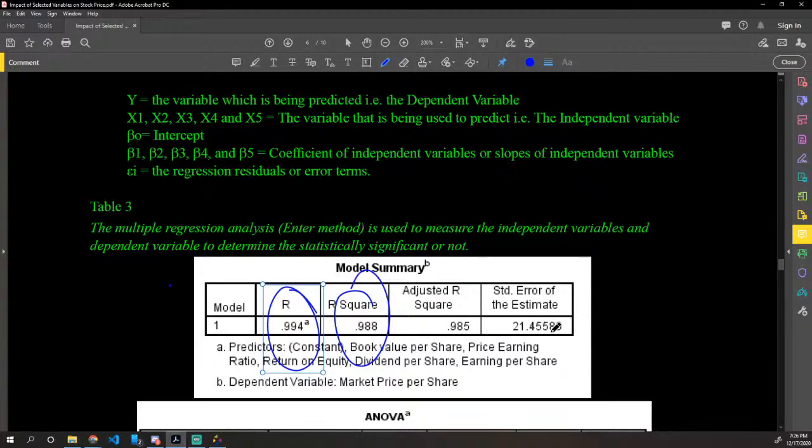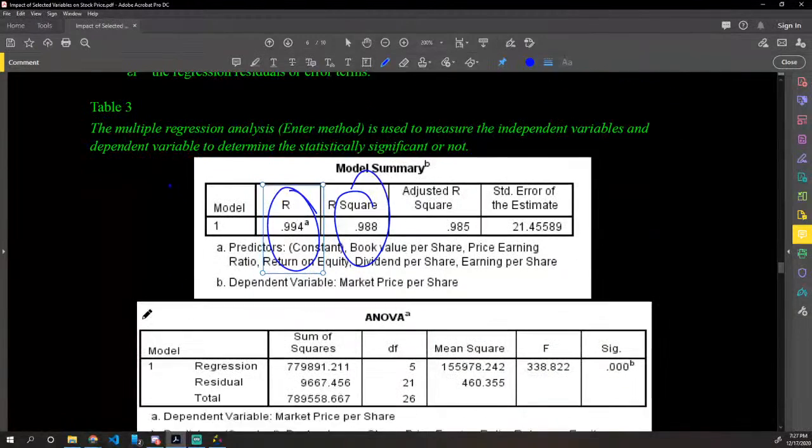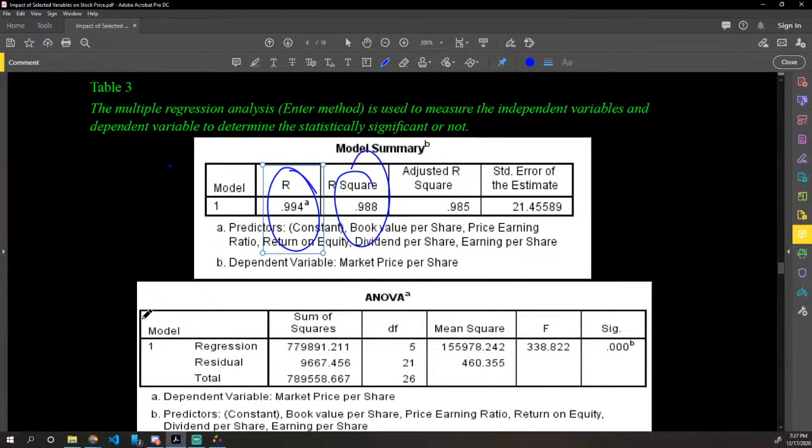Standard error of the estimate is that. So the predictor is basically that, right? And our table degree of freedom is 5, right? F is 338.822.